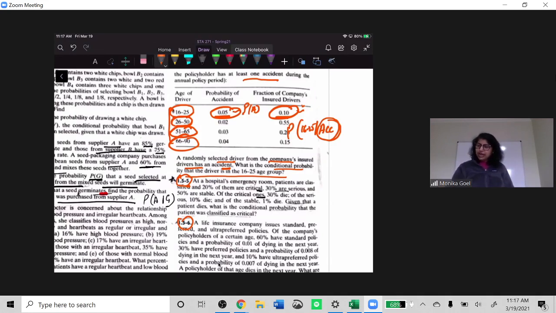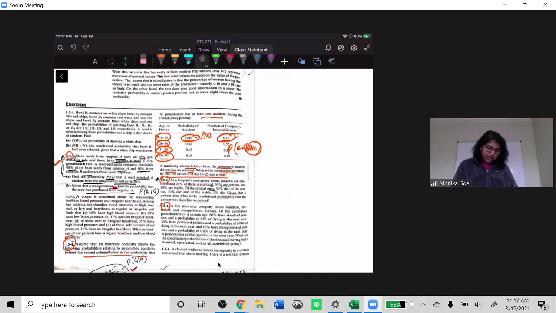So you can take that as, let's say, let B denote the accident, let A denote the age of the driver.